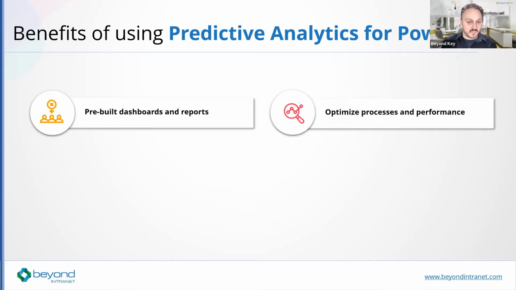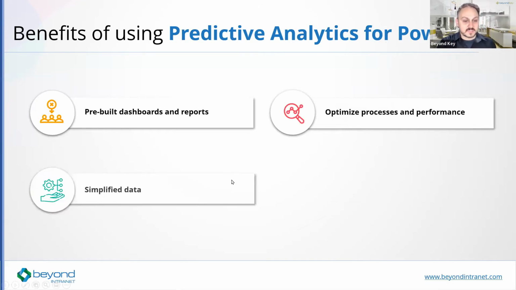So if you've ever had fun with spreadsheets, you know that trying to analyze the data and trying to go through all that information, it takes a ton of time. By having everything available to you in Power BI, you're saving time, which means you can analyze things faster and you can move faster and act on those ideas that much quicker. So you're optimizing those processes and performance because you have simplified data.